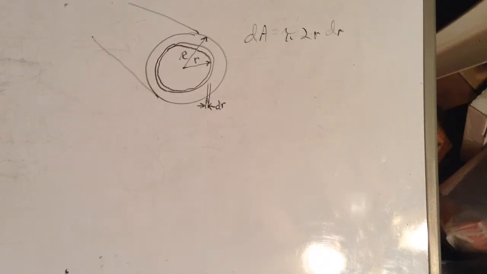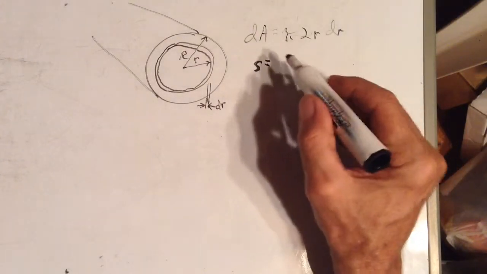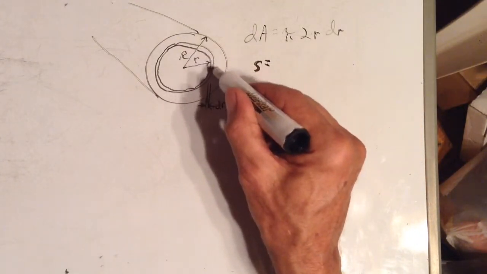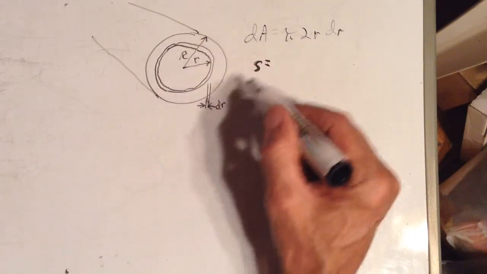Okay, the incremental amount of torque that is attributed to this ring of area is equal to the area times the stress times the distance to the center of the shaft. The stress, S, is the stress here at the ring. You know, stress is going to vary from the center to the outer edge.